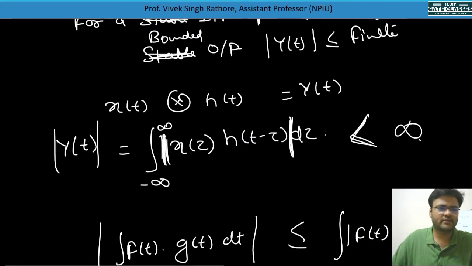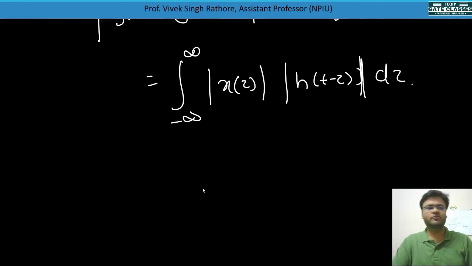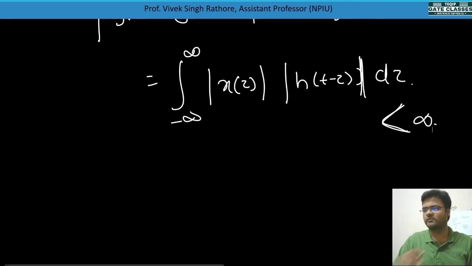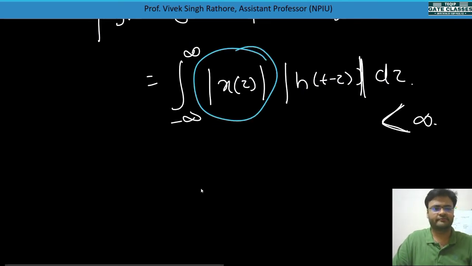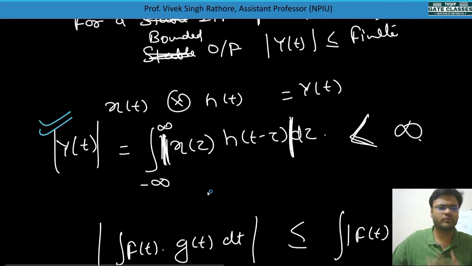I'll write it: minus infinite to infinite, magnitude of x of tau h of t minus tau d tau, and this should be less than infinite, this we now know. So now the thing is, if this is finite, and for a finite input we are getting a finite output, then that system is stable.